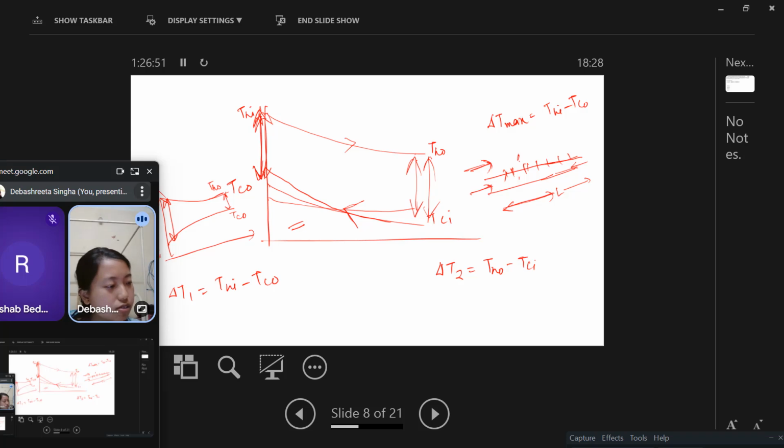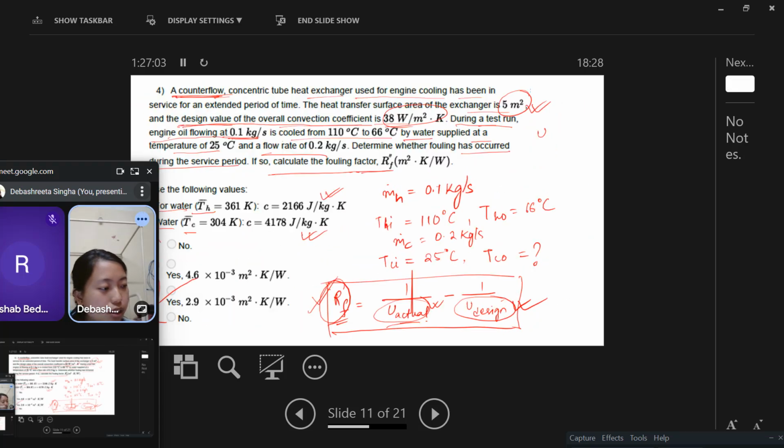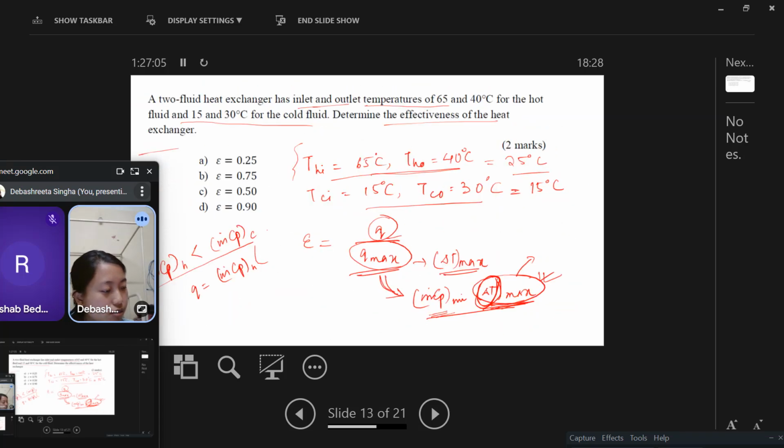So you will get it here, this is the maximum. So THI minus TC naught, this is the maximum temperature difference obtained for a heat exchanger. But now, while calculating Q, we know that MCP.